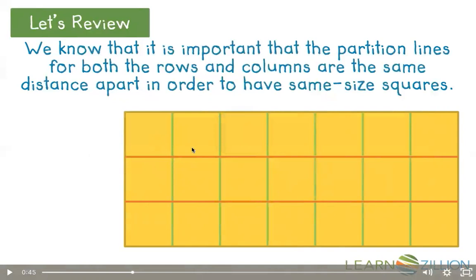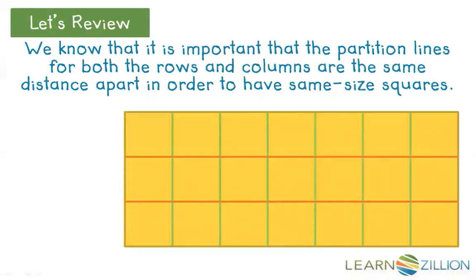And when she said we have 6 lines for the columns, we really have 7 columns. 1, 2, 3, 4, 5, 6, 7. So you always have one less line than you actually have rows or columns.